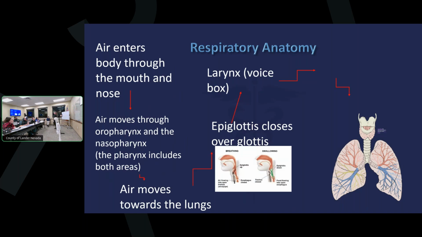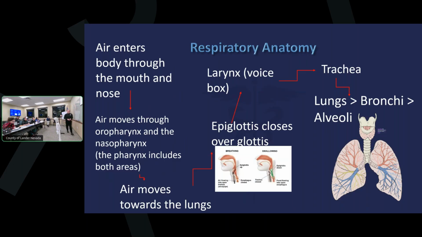Yeah, basically. So just beyond your epiglottis is your voice box. So we have little vocal cords that sit there. And that's where it turns into the lower airway, right? Goes into our trachea, and then down into our lungs, our bronchi, our bronchioles, and then our alveoli.